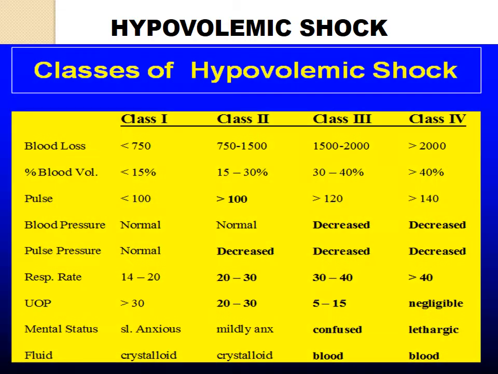Now this hypovolemic shock is classified into four classes, mainly on the basis of blood loss and percent of blood volume loss. They are classified into class 1, class 2, class 3 and class 4. With this, additional parameters are also monitored, like pulse, pulse pressure, respiratory rate, urine output and mental status.